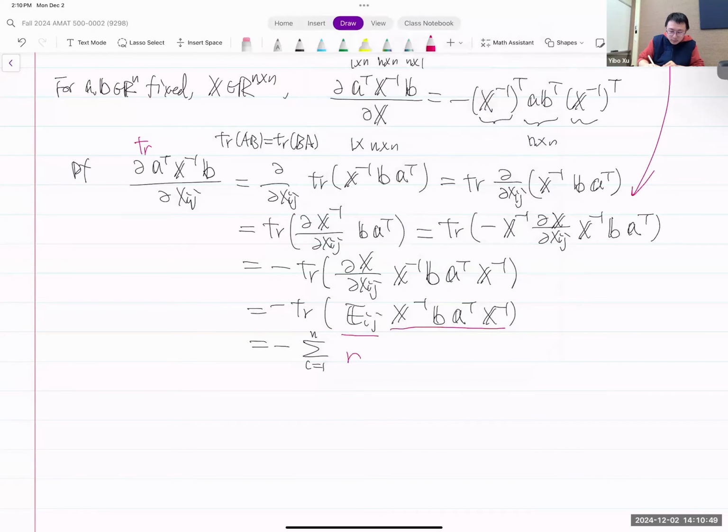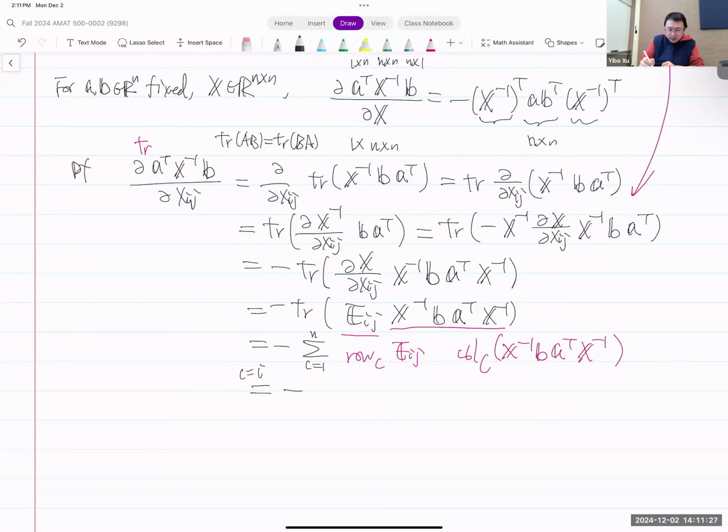So this is row C of Eij, column C of what's left over. Right, this is a big matrix. What do we know about Eij? Every row is zero except for the ith row. So only when C is I does it give you something. C has to equal I.